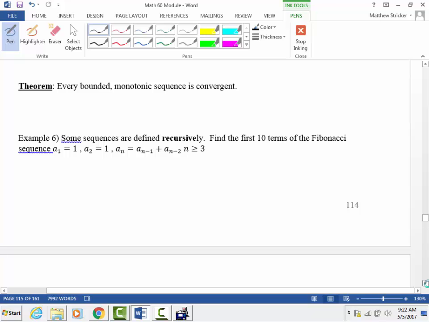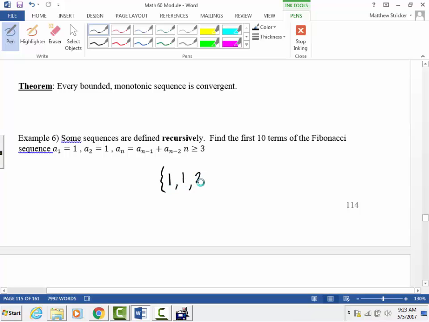So this one says that if your first term is 1 and your second term is 1, then each term after that is defined by adding the two previous terms. Okay? So a sub n equals the term before added to the term before that. So we could write the sequence like this. The first term is 1, second term is 1. The next term is formed by adding the two previous ones. So 1 plus 1 is 2.